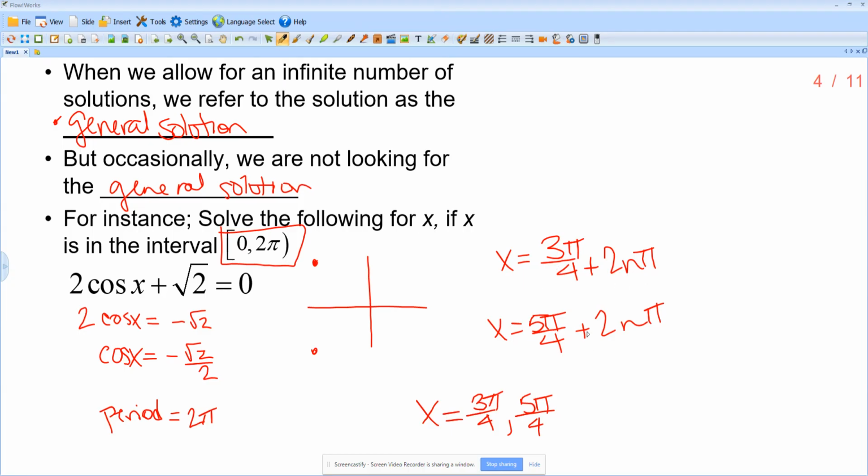And same thing here. 5 pi fourths plus 2n pi, I would no longer be within this domain. So these would be the only two answers here. But that's not always the case. If this was just n pi, theoretically, I am able to add pi to this and still be within the domain. And you'll see problems like that. I'm just sort of setting the tone for it.